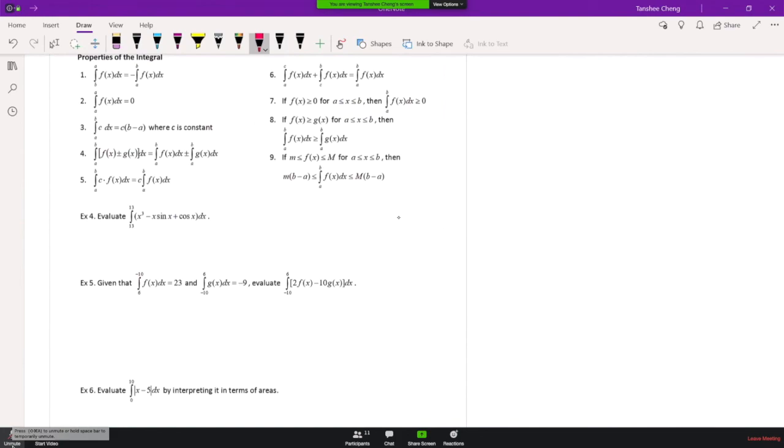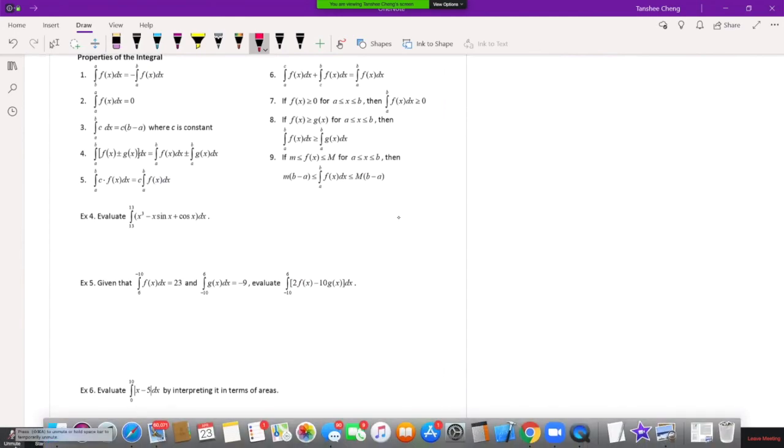If you flip around your lower limit and upper limit, your definite integral will have an extra negative sign. So that's why these two are equivalent with the extra negative sign right there. So that's the important part, right?